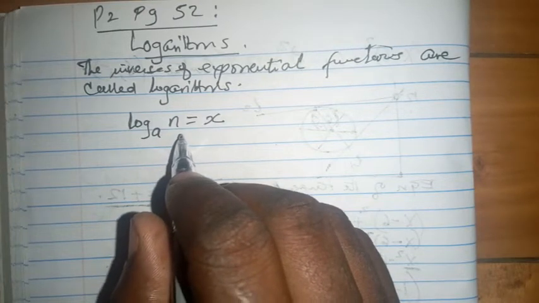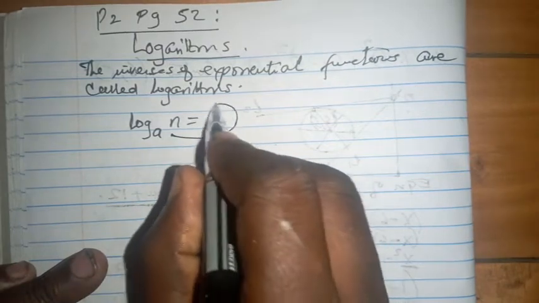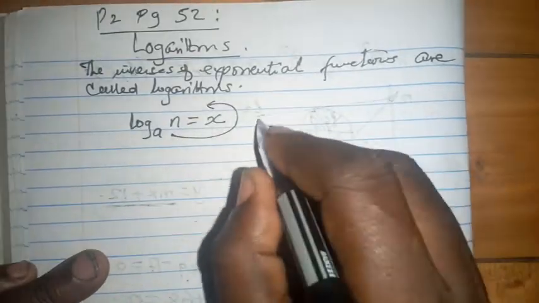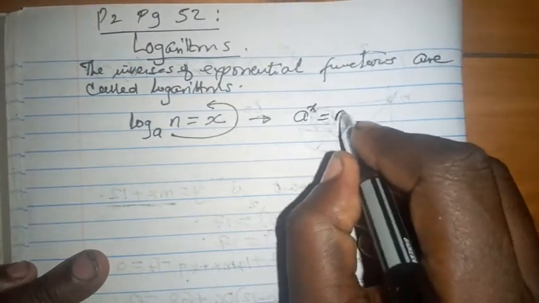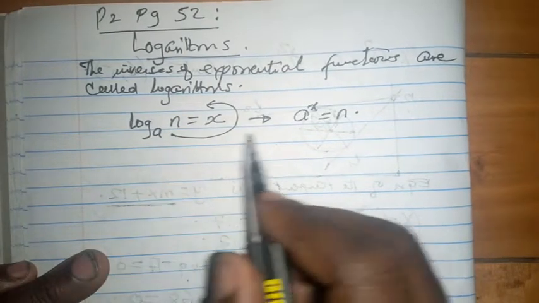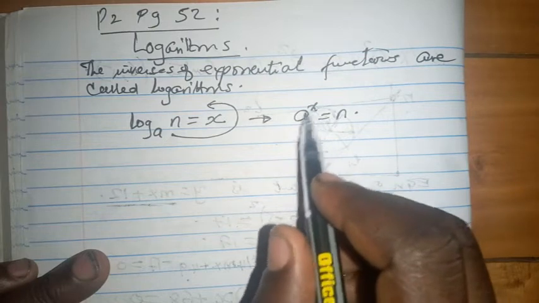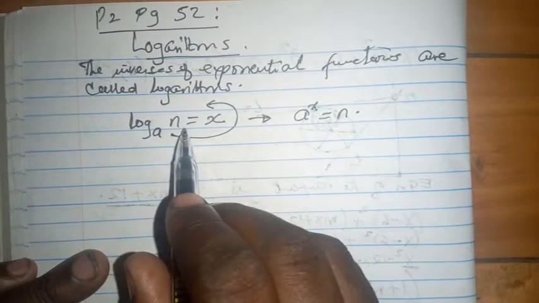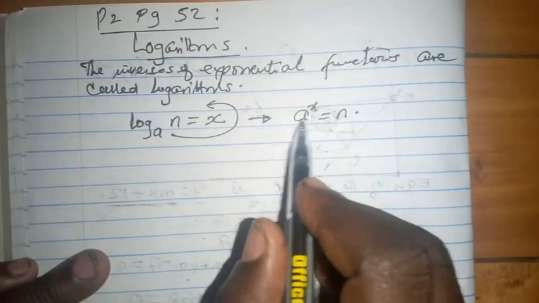If I want to write this one in the index notation, I always talk about anti-clockwise movement, which gives me that a raised to power x is equals to n. This is logarithmic notation, this is index notation. You would clearly see that this is an exponential function and this is a logarithmic notation. So the inverse of this is this.